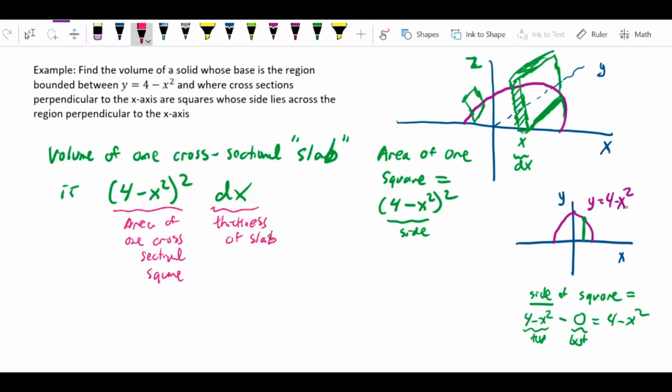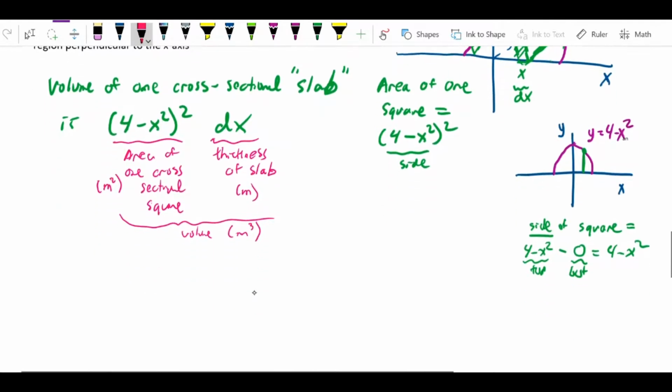And by the way, notice that area is going to be measured in, let's say, square meters. I know I didn't specify what units, but let's say that we're doing this in metric units and it's meters. And of course, the thickness of the slab, the little tiny bit of direction dx, is just measured in meters. So it makes sense that this whole thing here is going to give you a volume of one slab in cubic meters. The units come out right.